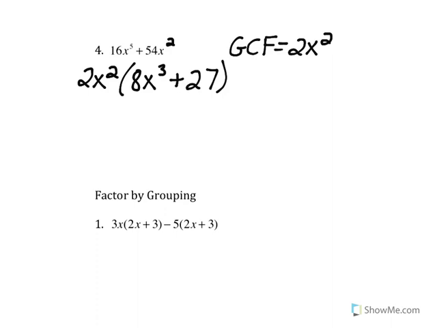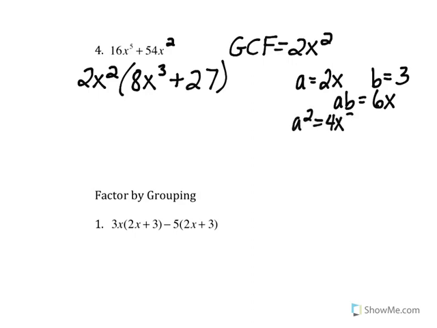I'm going to write this off to the side. If you want to do the A equals, B equals, you can. A is going to be 2x, that's the cube root of 8x cubed. B is going to be 3, cube root of 27. If you want to throw a little AB in this, it's going to be 6x. And then A squared is 4x squared, and B squared is 9.